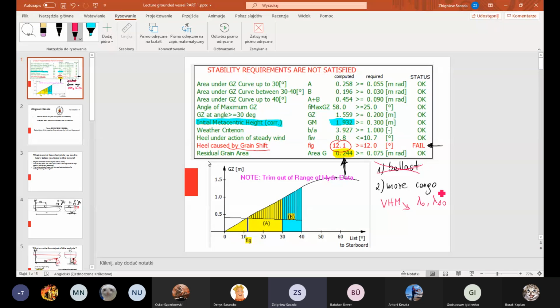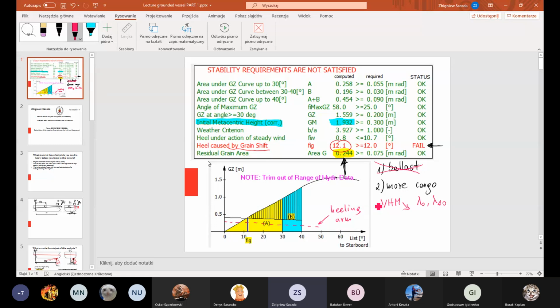Yeah. So the new heeling curve will be like that. Can you see? Please confirm you can see the new heeling arm. Yes, we can see.